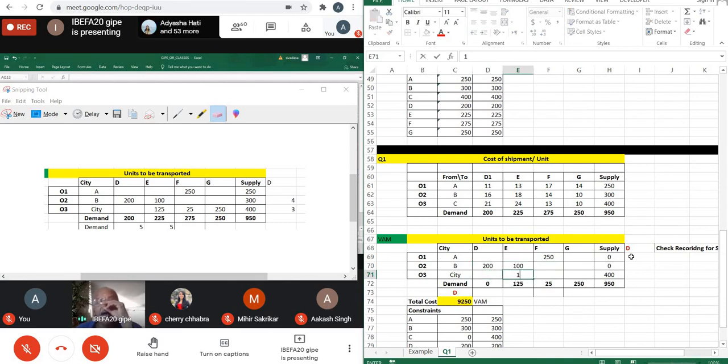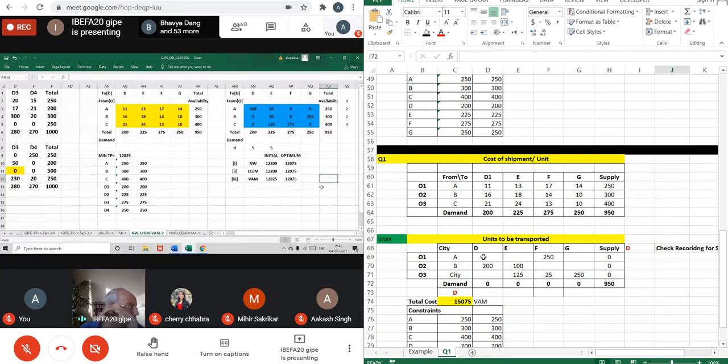And right now, we have taken 3 by 4 matrix and proved. In both the cases, it is a balanced transportation problem. No matter what is the initial solution, optimum never changes.